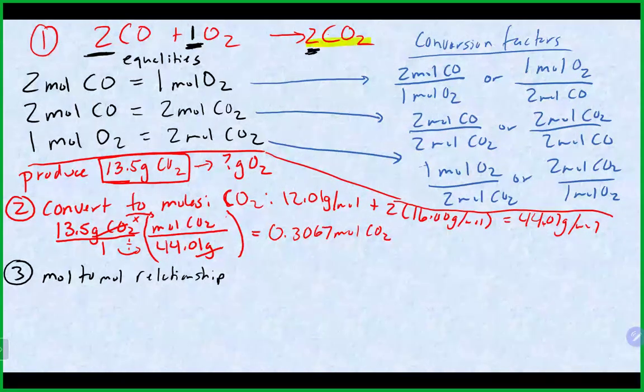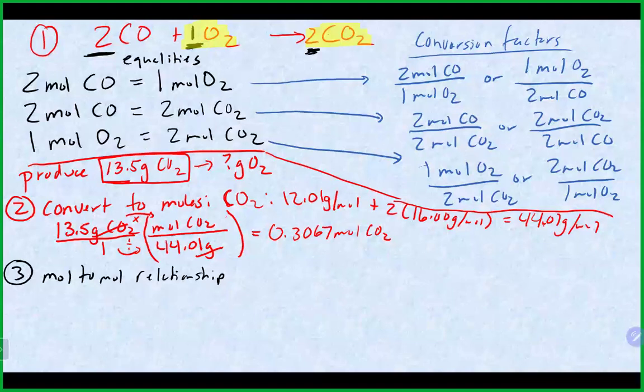Clearly, I am interested in CO2 because that is what was given to me. I am not interested in CO2 as my ending answer. I am interested in finding out about oxygen, which is this guy. So these are the 2 I am interested in here in my equation.